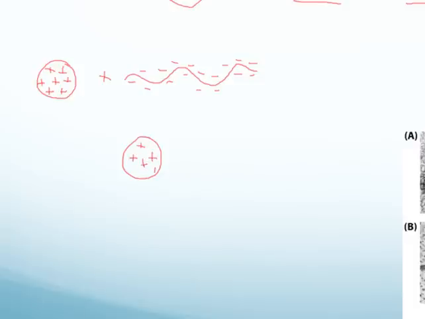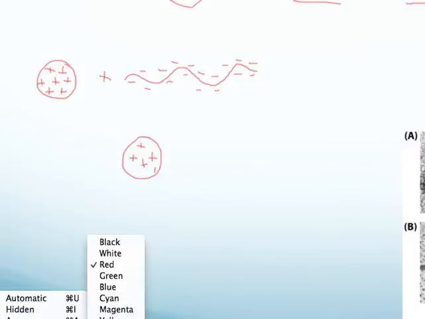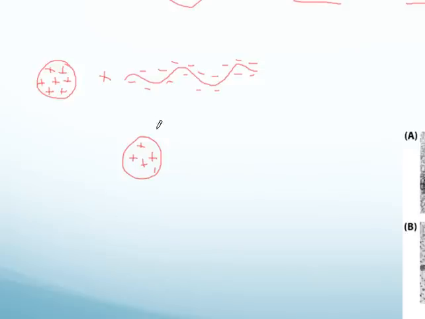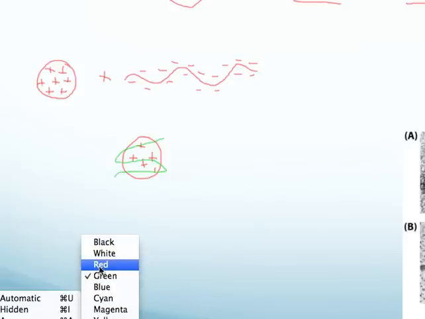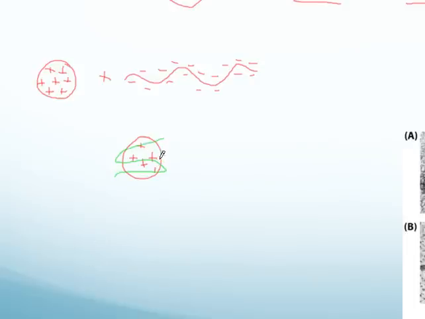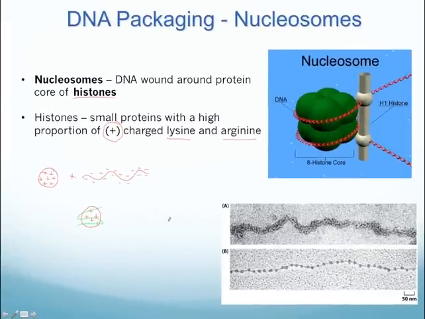So if we have a bunch of histone proteins there, you can see the DNA with its negative charge is going to wrap around the histone protein, and that's going to be stabilized by the electrostatic interaction between the positively charged lysine and arginine amino acids and the negatively charged DNA. So a nucleosome is a complex of negatively charged DNA wrapped around positively charged histone proteins, and that forms the basic unit of the nucleosome.